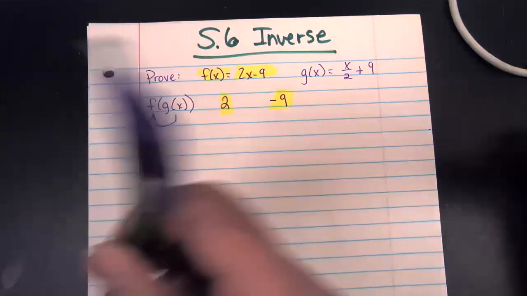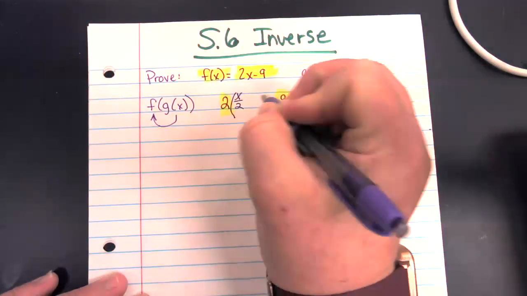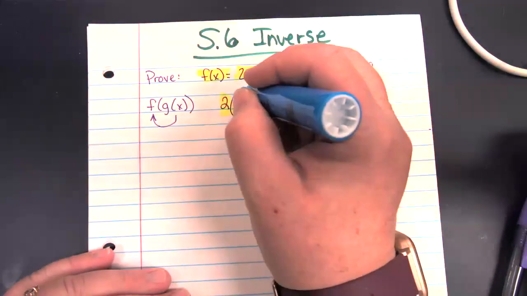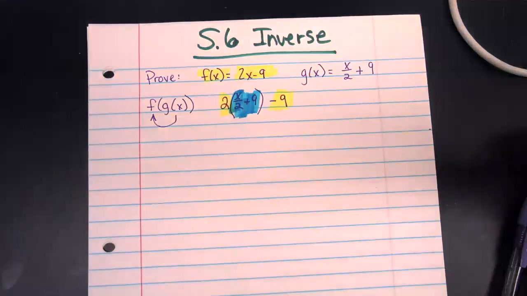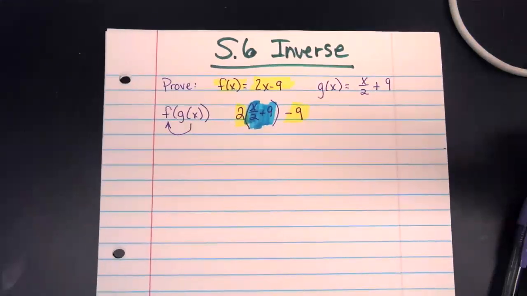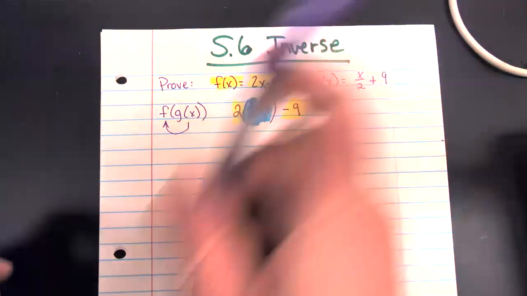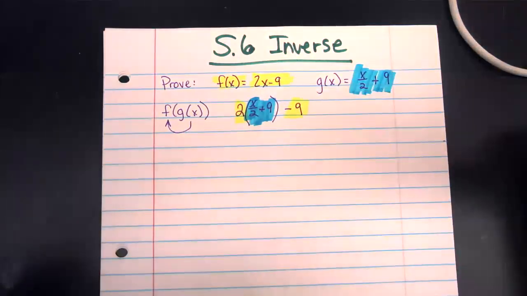Now I'm going to plug in this piece. Okay. All right. You see that all right? So I'm plugging one into the other. Okay. And go ahead and distribute like you normally would.